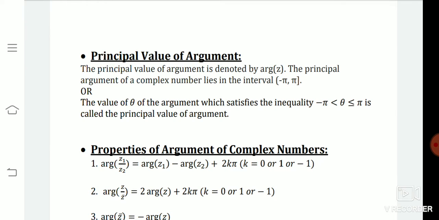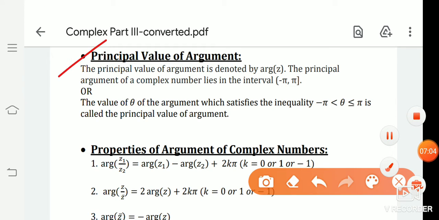Now see what is the principal value of an argument. Previously we discussed the modulus and argument; now we have to know the principal value of an argument. The principal value of an argument is denoted by arg z, as mentioned above, and it always lies in the interval minus pi to plus pi.